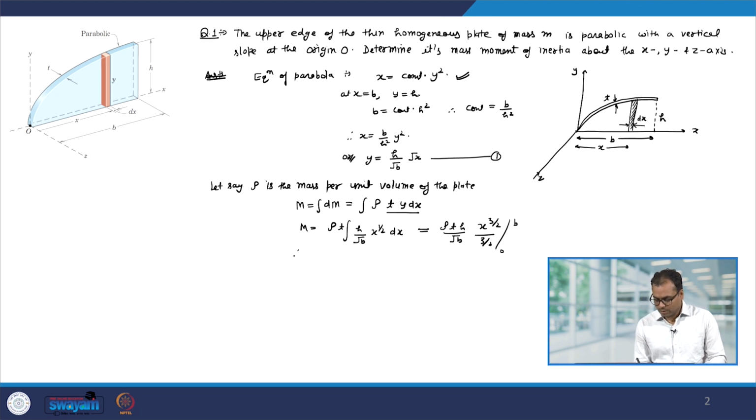Therefore, m is equal to 2 by 3 rho t h b. Let us call this equation number 2. So, now we have the mass.